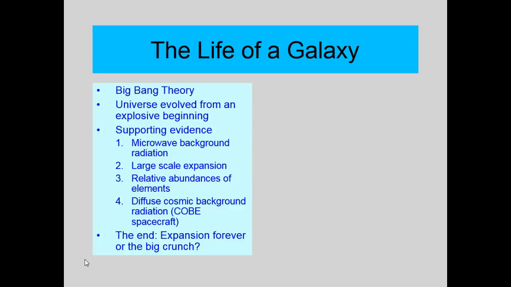So the end here is the expansion going on forever, or will at some point it cease and then really go back, and maybe we're just one of a cycle of a bunch of big bangs and big crunches. The thing is, this acceleration of the distance apart, large-scale expansion but accelerating, would tend to negate that idea unless the acceleration stops, slows down, and starts decelerating. Then maybe you could have that. But right now, we're still accelerating.